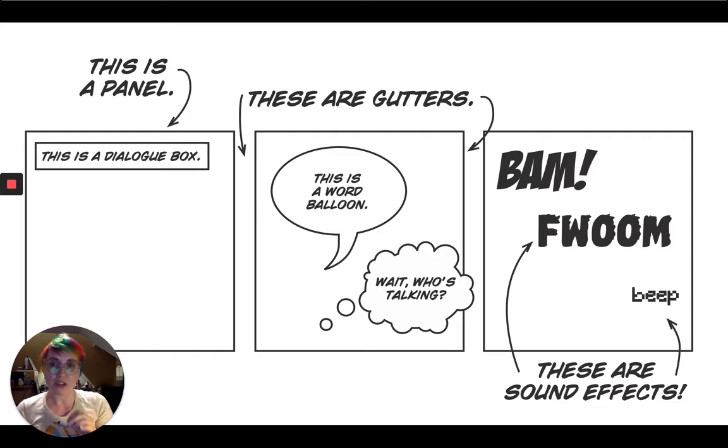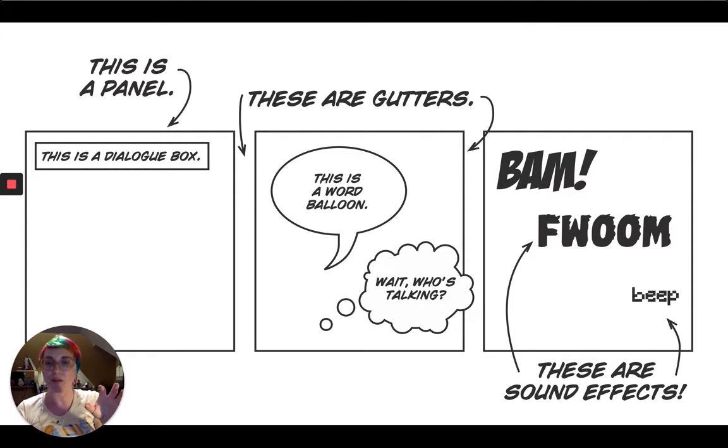It's really important to have that space between each panel, between each moment. If you don't have that, everything's going to feel like it's happening super, super fast, like one thing right after the other. The gutter, that space, gives us a chance to take a breath and to contemplate one panel to the next. So that's a pretty important thing.